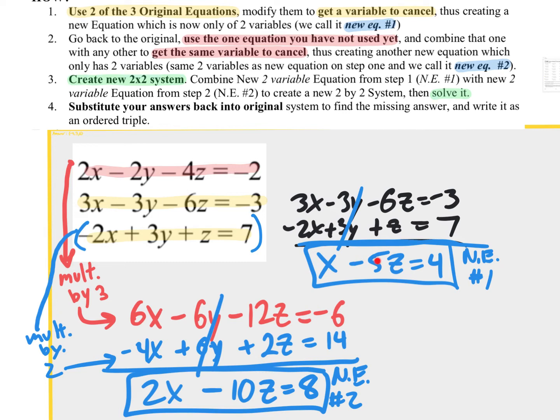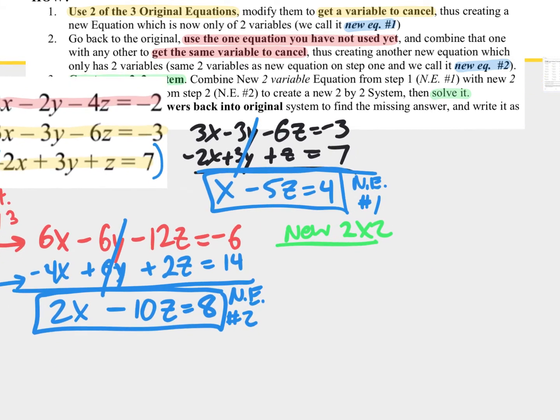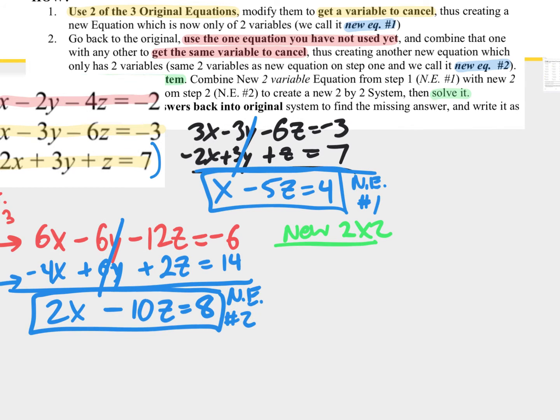So for step 3, I want to take this one and put them together to create my new 2x2 system. So how am I going to do that? I'm simply going to put both of those blue equations together. I have the x minus 5z equals 4. I have 2x minus 10z equals 8.